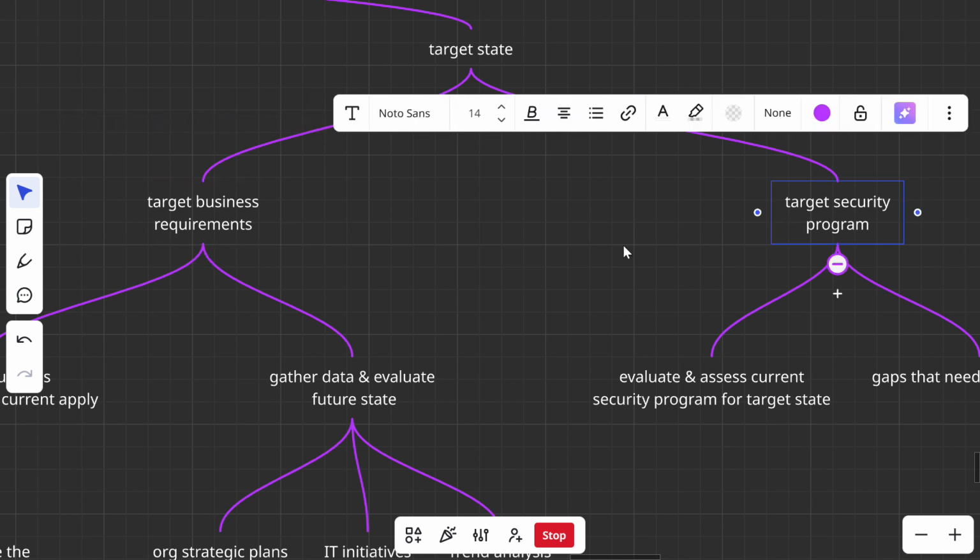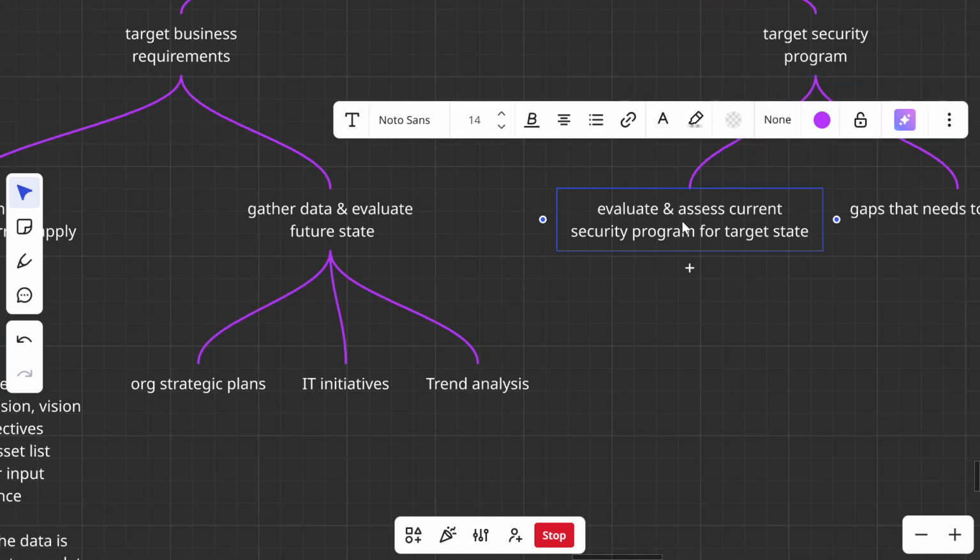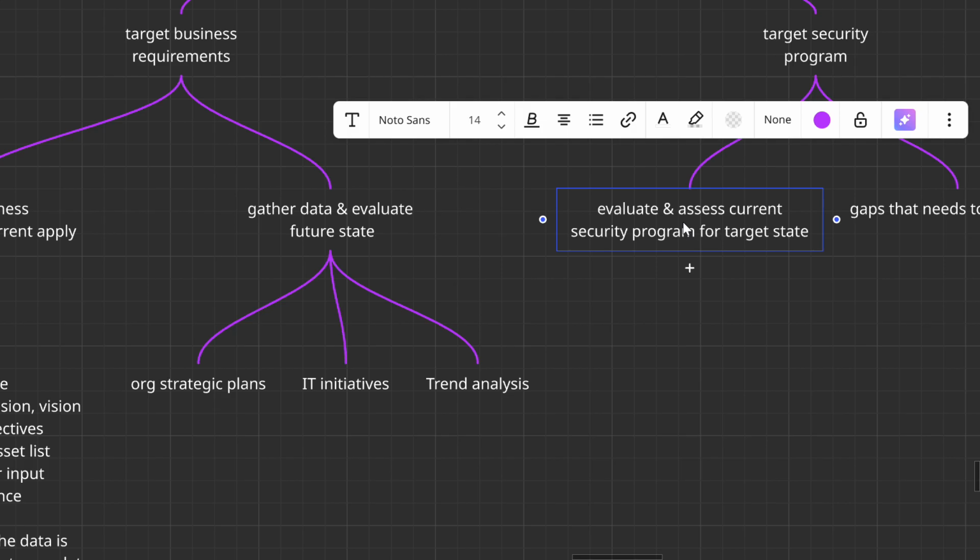We move on to the target security program. In this process, we are evaluating and assessing the current security program. What we are trying to determine is, is the current security program able to fulfill the business requirements, the newer ones that we have identified?